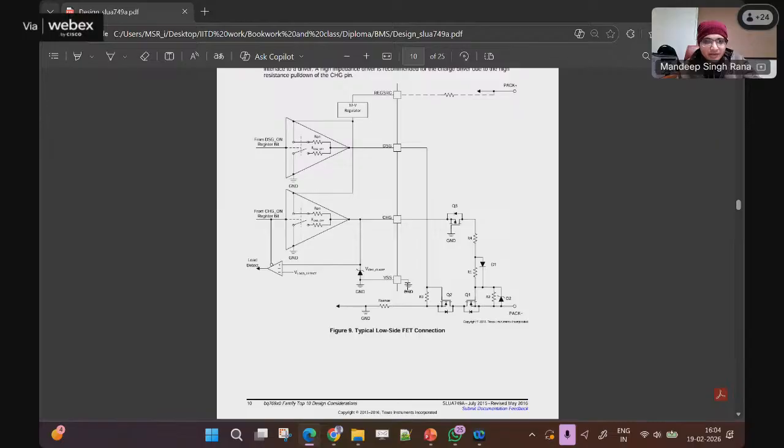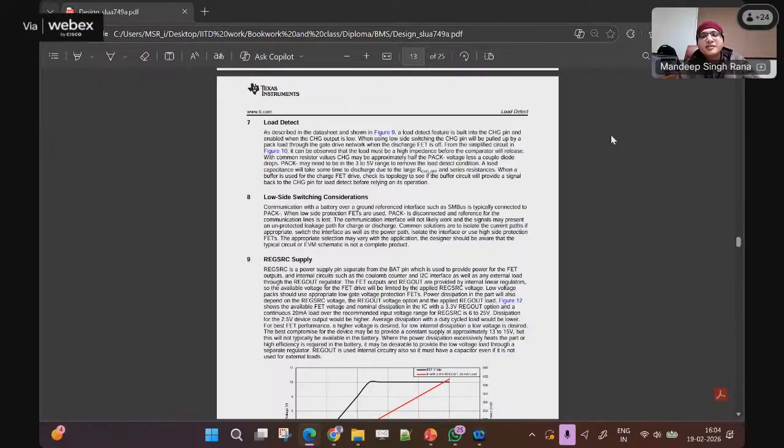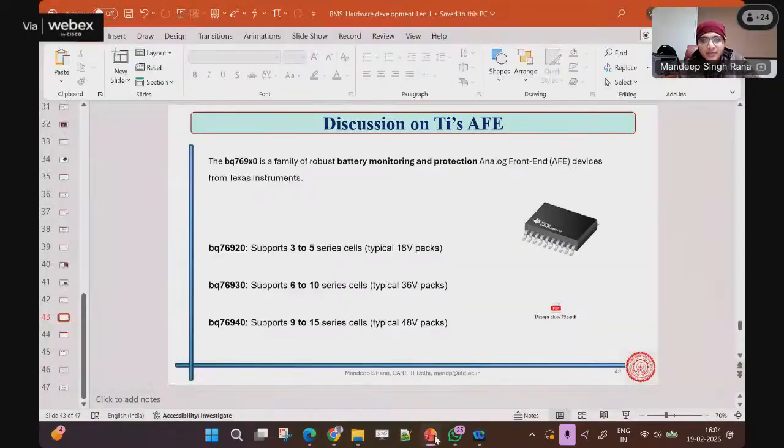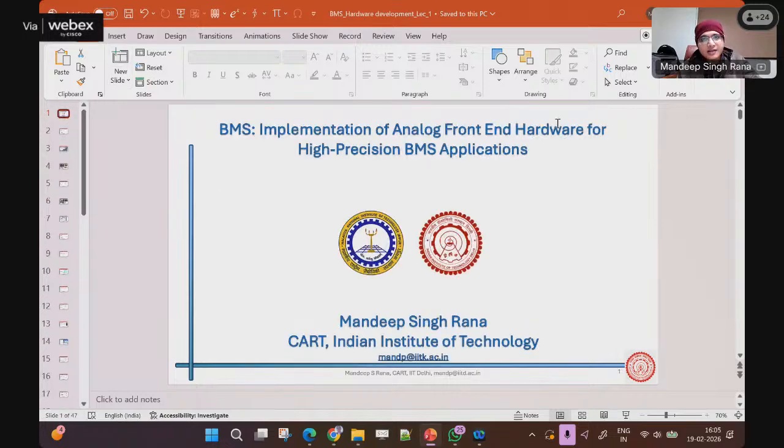I mean, look into such documents. This is just one. There are many such ICs available within the BMS community to make an AFE card. And I would say that it's one of the very common hardware products which people make to start with BMS.